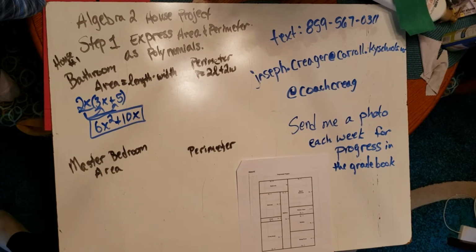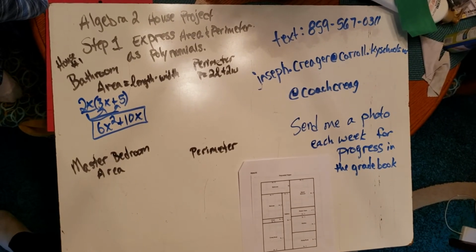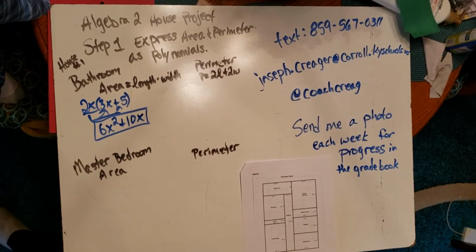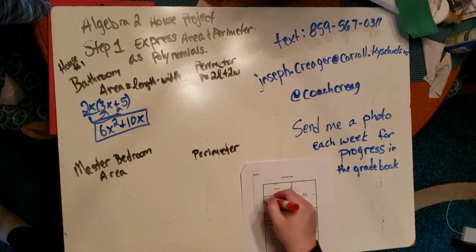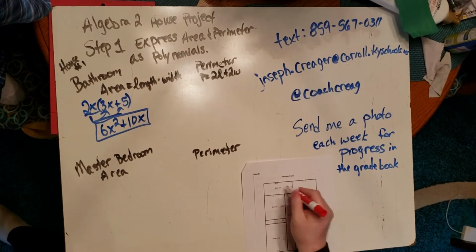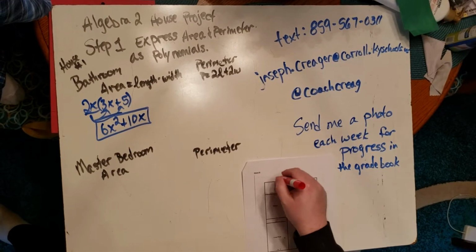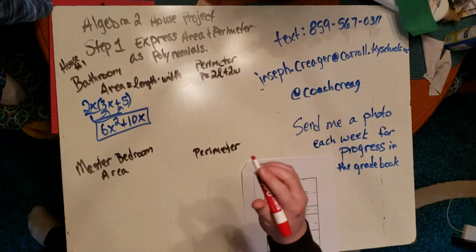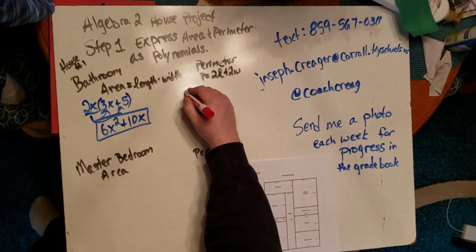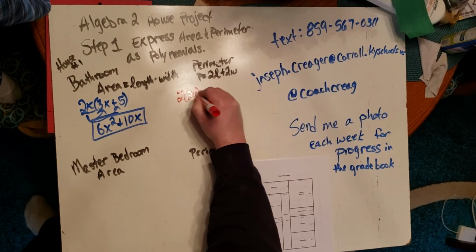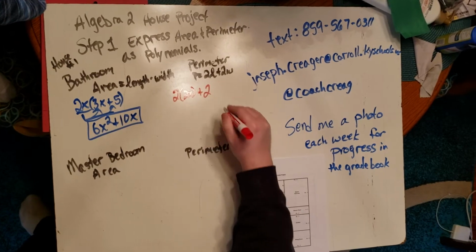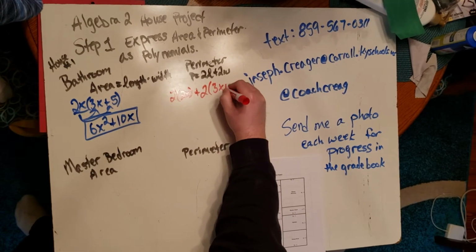For my perimeter of the bathroom, I'm trying to find the distance around, and that's the outside part. The area is the inside part, how much space this room takes up. The perimeter is like the walls of the room. So my length again is 2x, so I have 2 times my 2x plus twice my width, which was 3x plus 5.